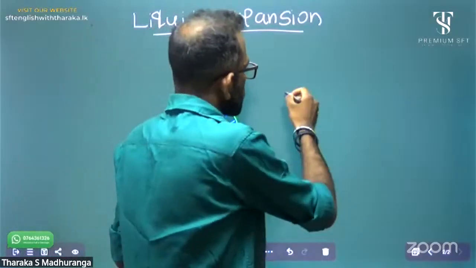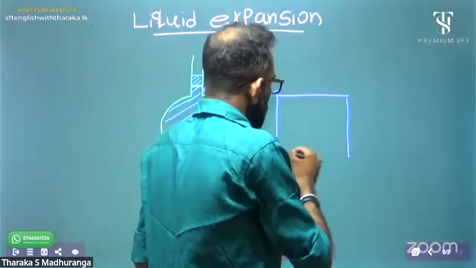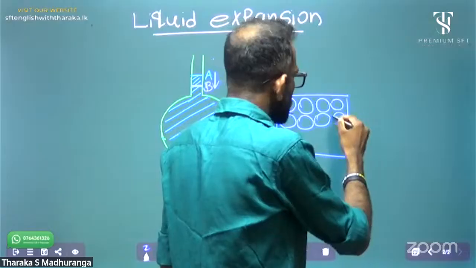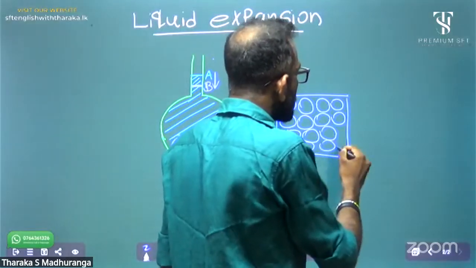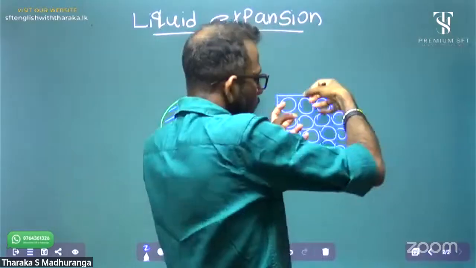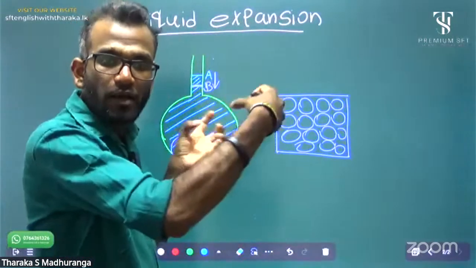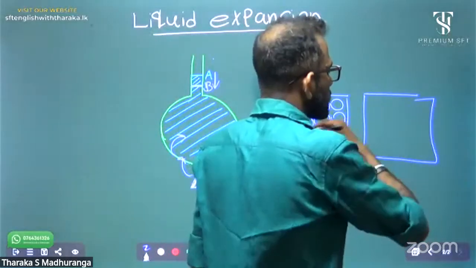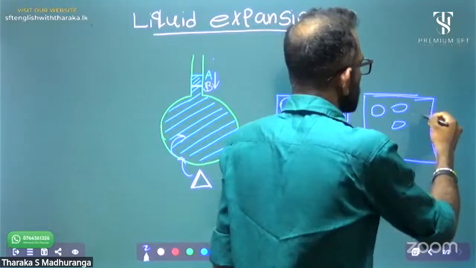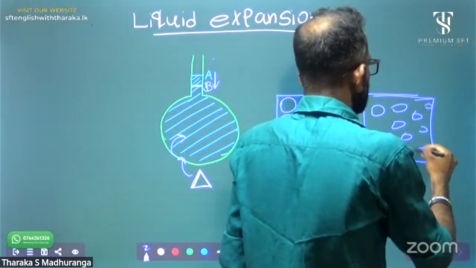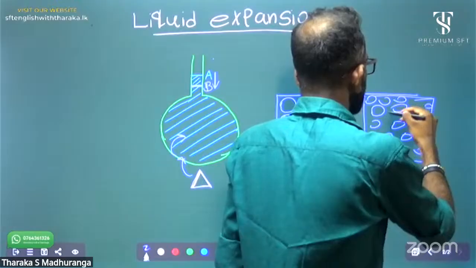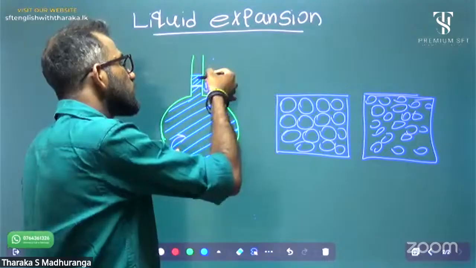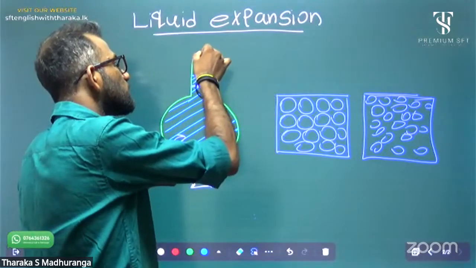Solids expand less than liquids, because solid molecules are combined to each other with strong bonds. But comparatively, liquid molecules are loose. They're not strongly combined, right? Therefore, more than solid expansion, liquid is expanded up to this level.